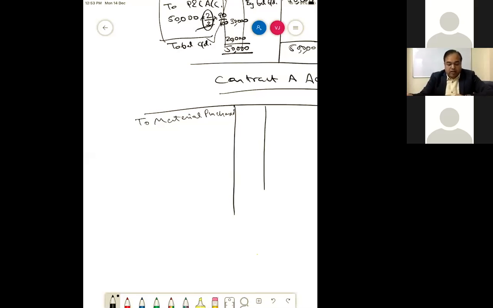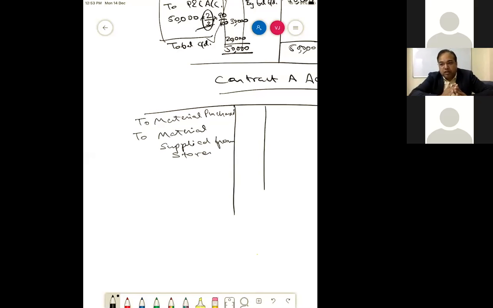Similarly, if material is supplied from store, that also you write on left hand side. That is your "to material from stores".